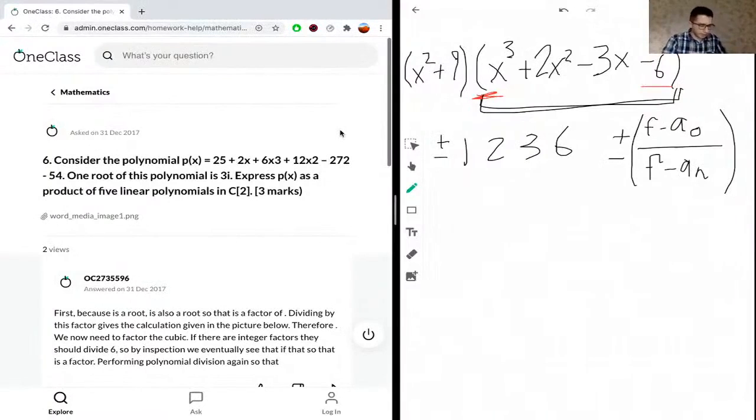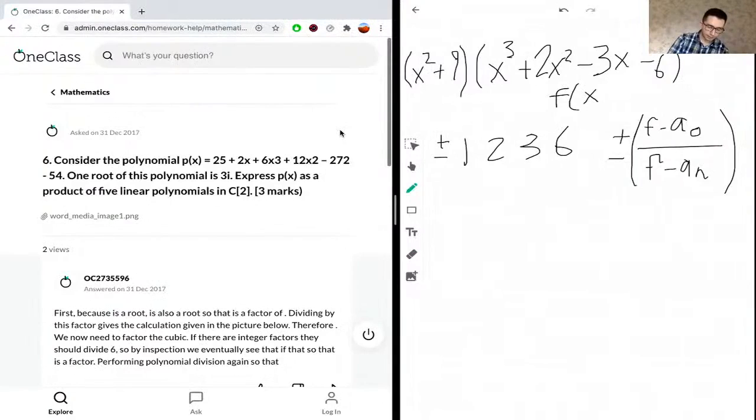So we can start off with 1. Let's call this function f of x, and we'll evaluate for these values.